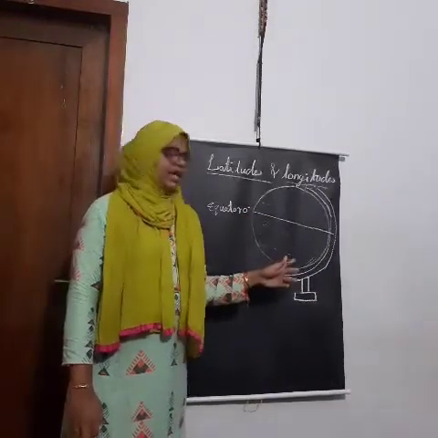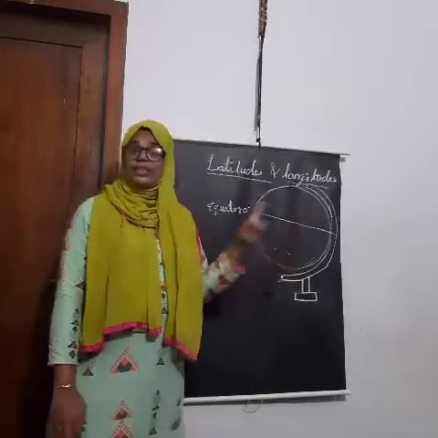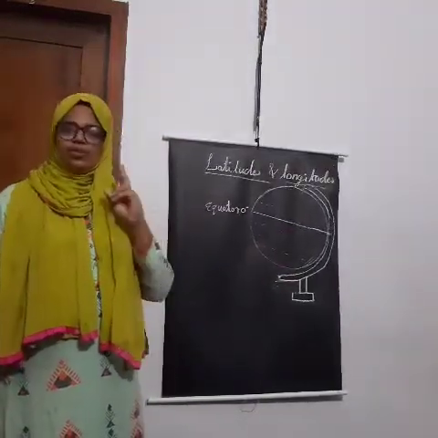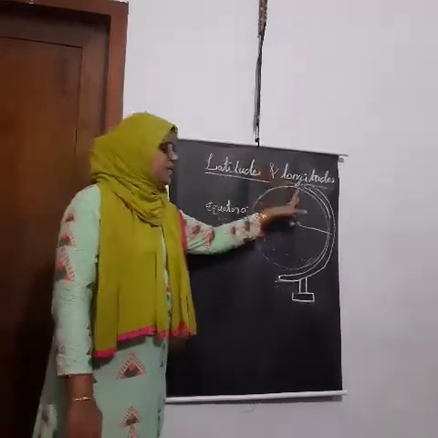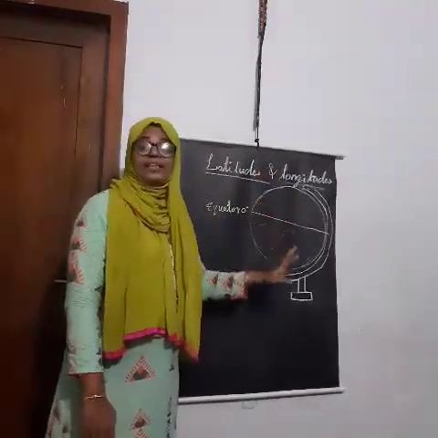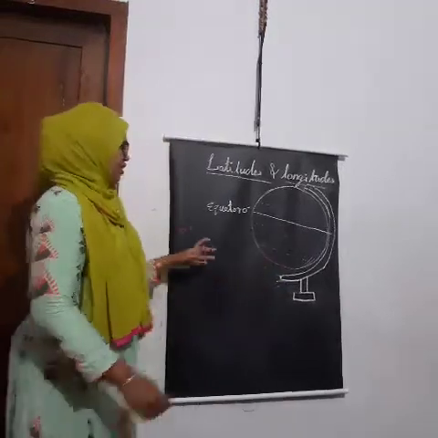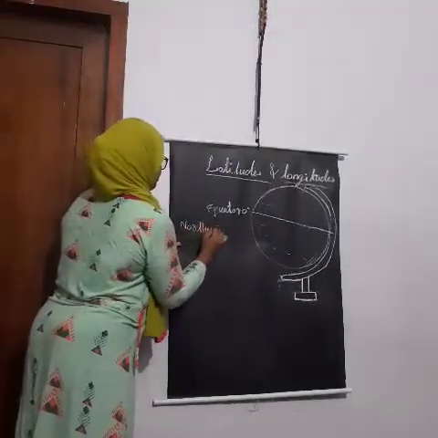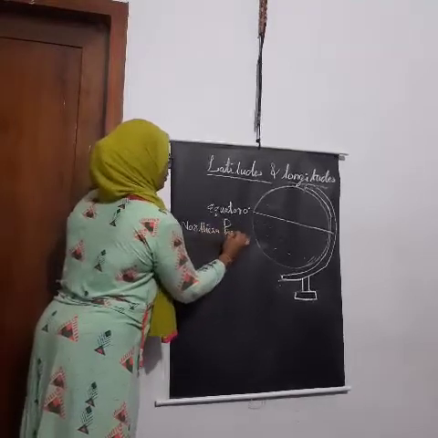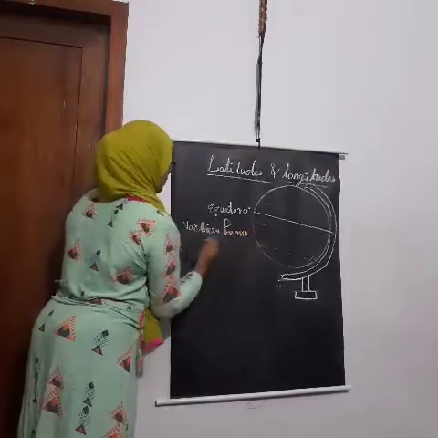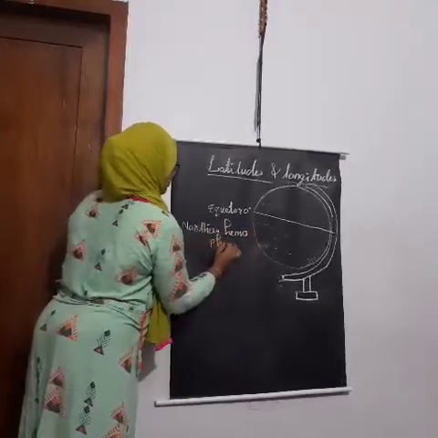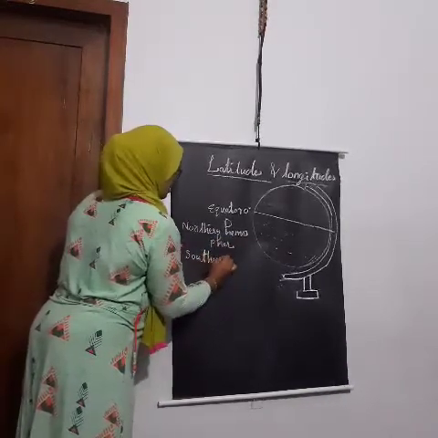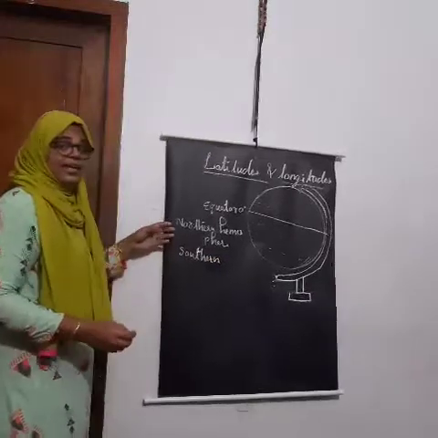So basically, this equator with a 0 degree latitude can divide the total Earth into two parts, northern hemisphere and southern hemisphere. Northern hemisphere, and tell me the next one, southern hemisphere.